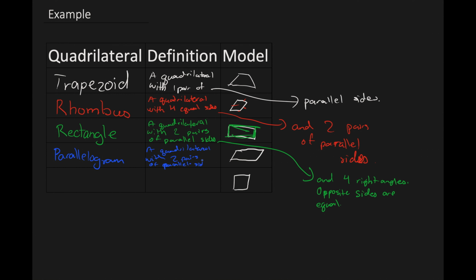Parallel sides. Okay, and as you can see, it doesn't have to have equal sides, right? It doesn't have to have right angles, right? So the only attribute is 2 pairs of parallel sides, and it's a quadrilateral. Okay, so this is a complete thing. A parallelogram, a quadrilateral with 2 pairs of parallel sides, and this is how a parallelogram would look.